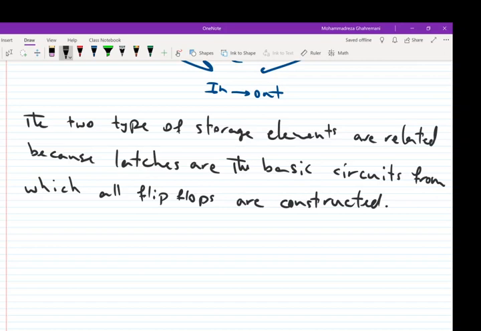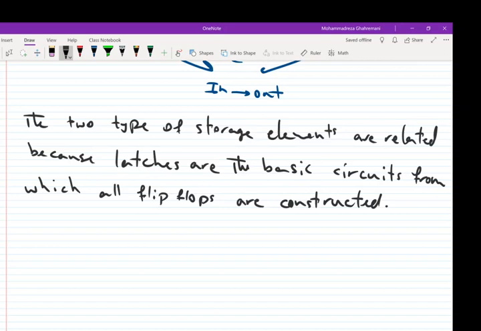Also, we can use latches to store information for asynchronous circuits. They are not practical for use as a storage element in synchronous circuits, because in synchronous circuits we need to have synchronized outputs.